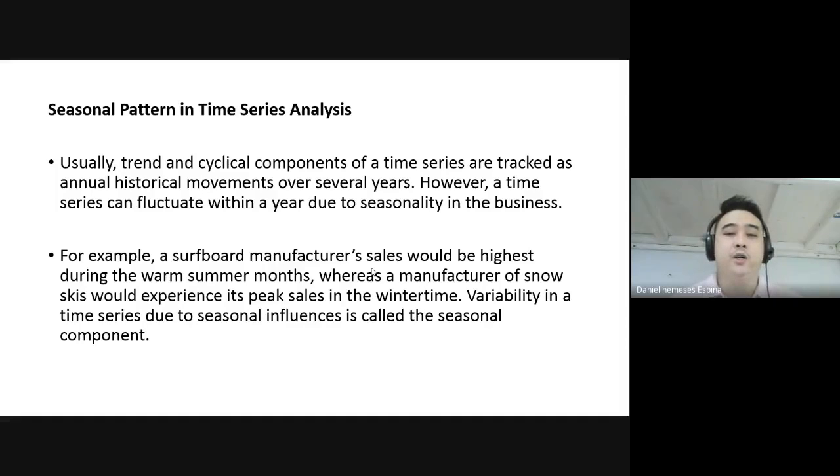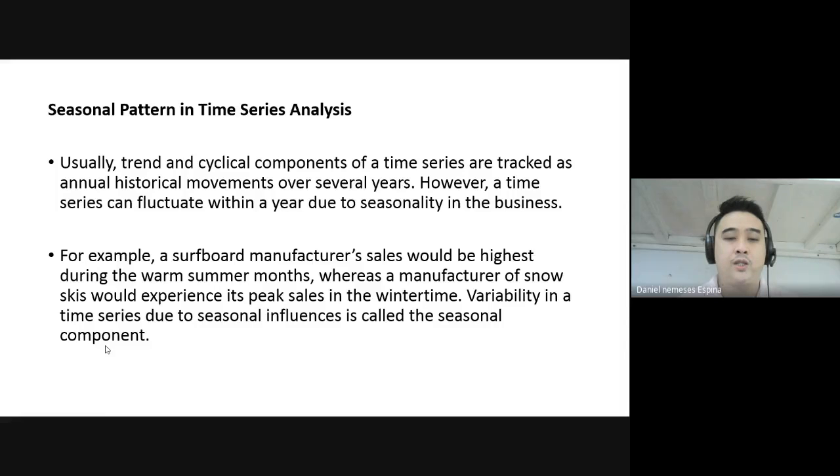So it shows a cyclical pattern within the year. Another example would be a surfboard manufacturer. It is highest during the summer months, while skis experience their peak sales during winter time.